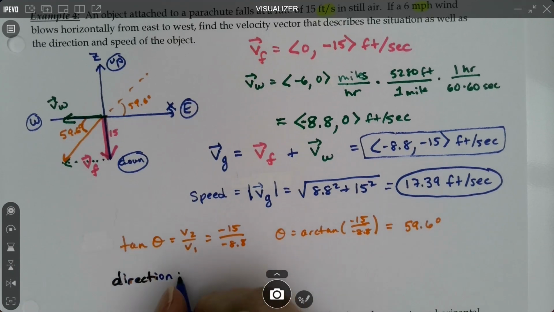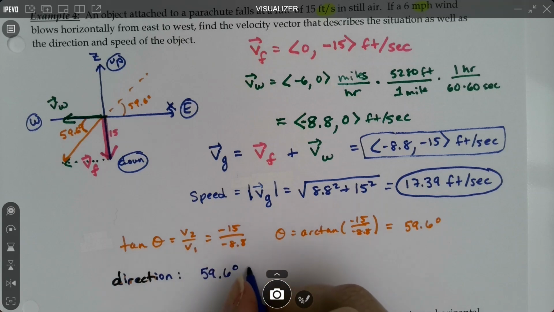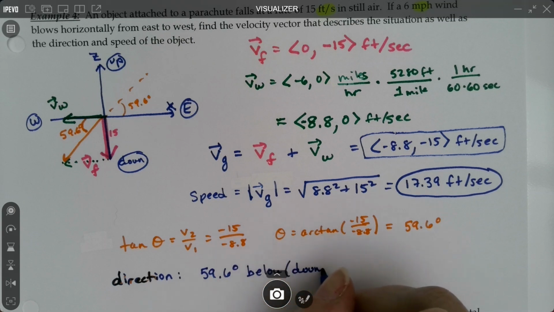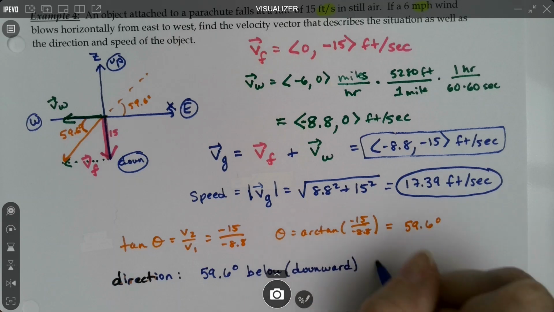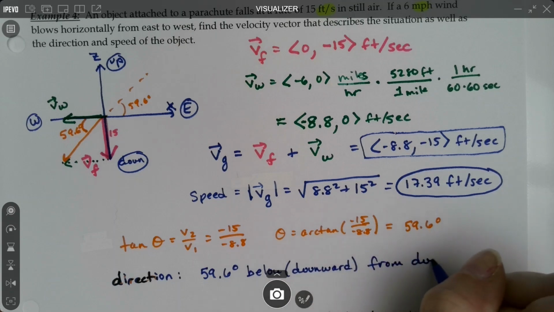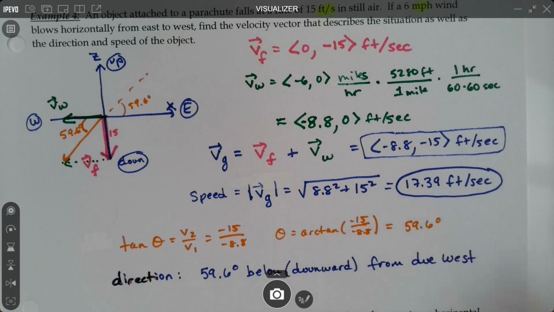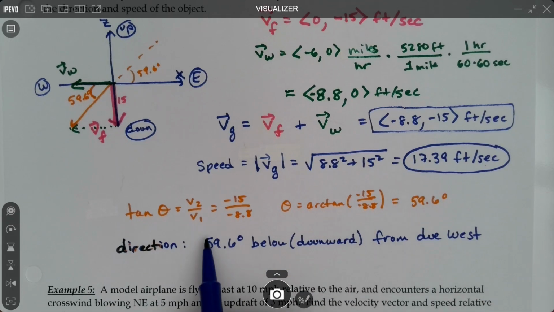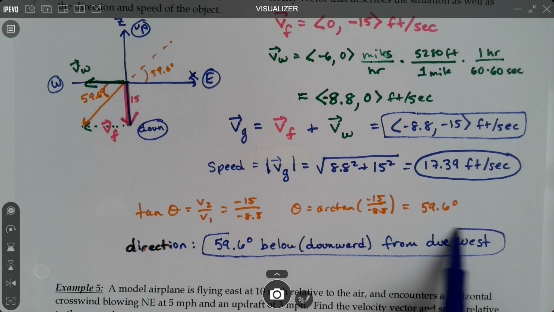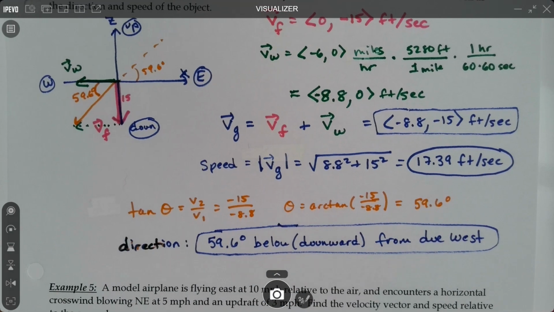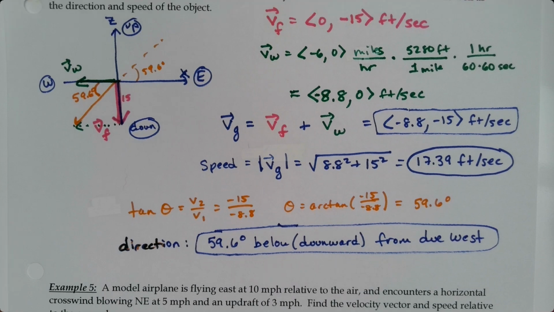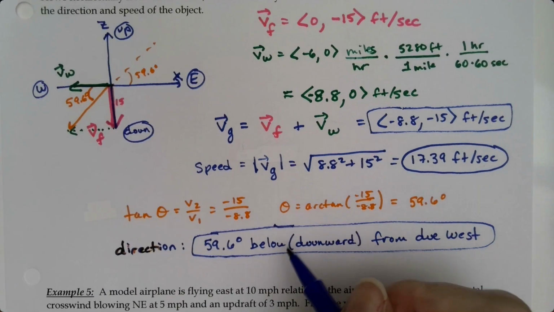So it's 59.6 degrees below, or downward, from due west. So it's getting pushed off course in the westerly direction. And that's, of course, because this is the xz plane, not the xy plane. So that's why it's below and down.